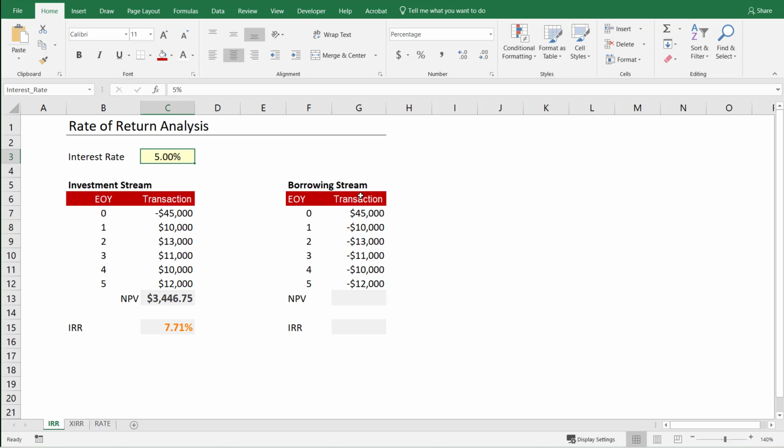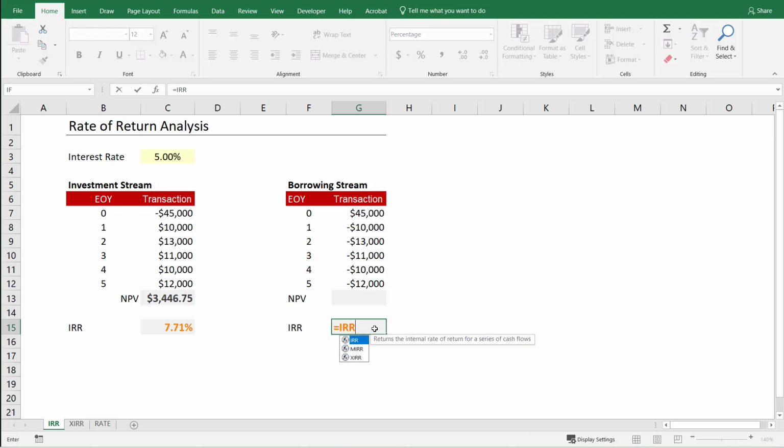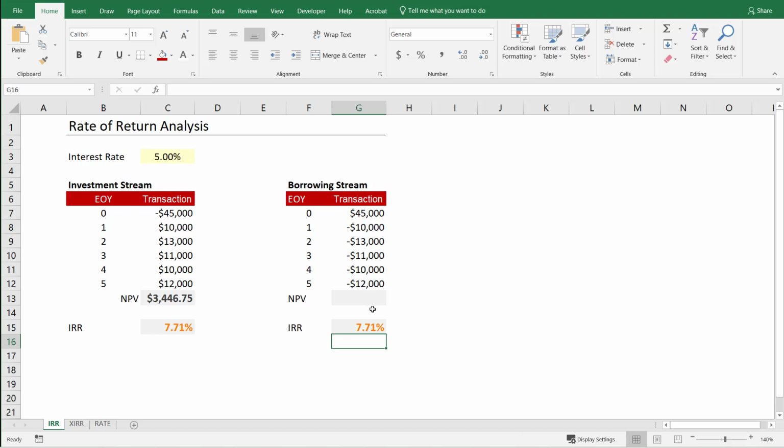And so here we're going to call this a borrowing stream. With a borrowing stream, basically I'm going to get, it's like a loan. I'm going to get some money, and then in subsequent periods, I'm going to make payments on that loan. And so if I calculate the IRR here and give it the cash flows, the IRR is going to be the same, but the interpretation is going to be different.